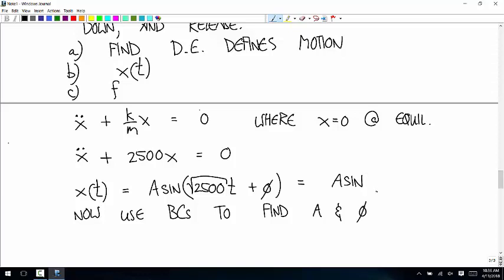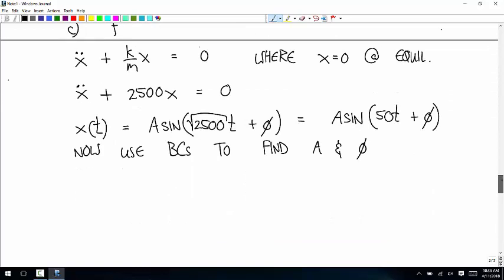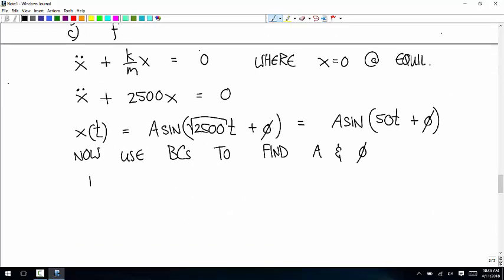A sine quantity 50t plus phi. All right, well, we know that at time equals 0, x is equal to, what's x equal to?